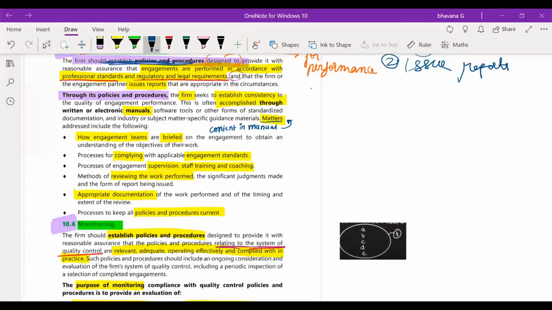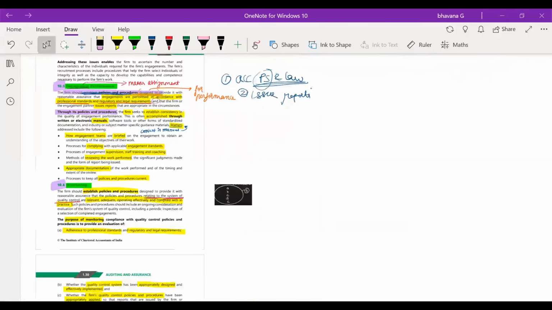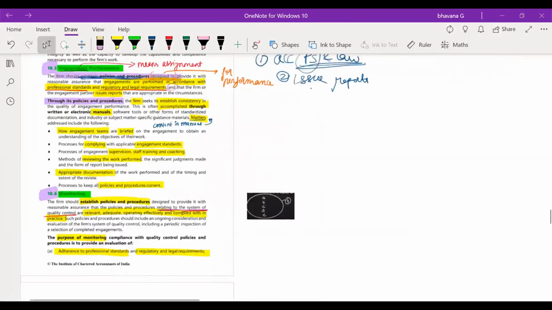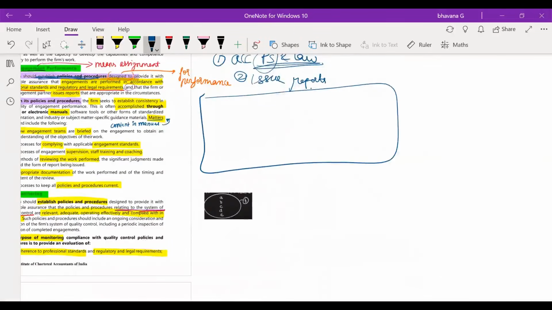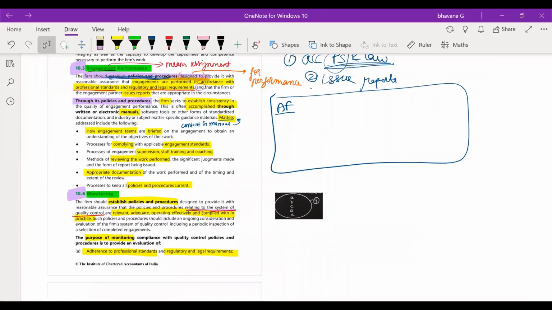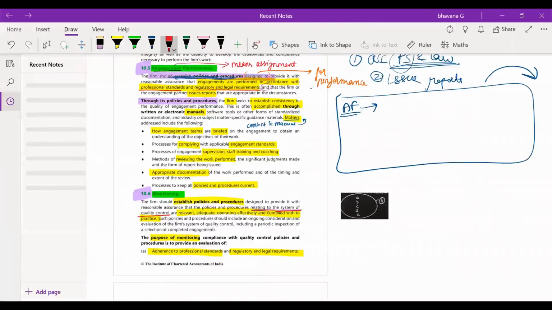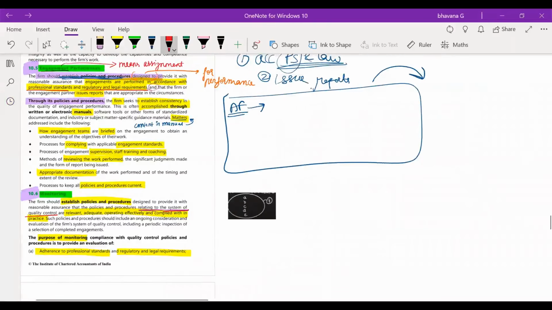One second, guys. Okay, I'll draw it and show you so that you're able to understand. So this is the audit firm. Whenever you're going to go and do an audit, before going and doing an audit, you have to establish a few policies and procedures. These policies and procedures will give you reasonable assurance on two things.